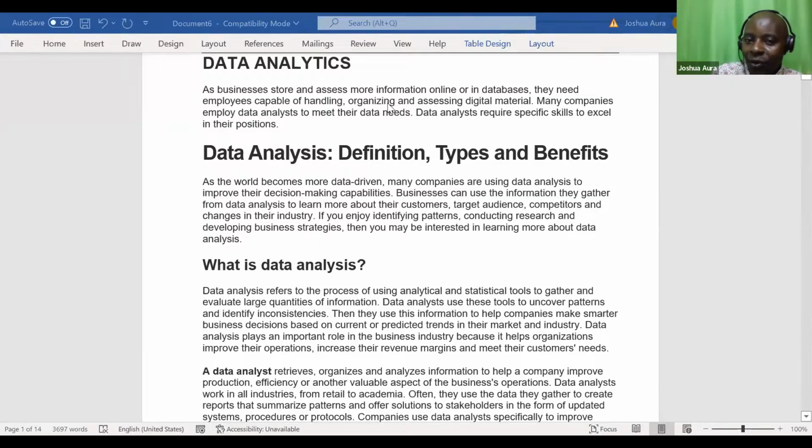After organizing it, of course, we have to evaluate. There is a concept of evaluation, a concept of analyzing this data. And after you analyze it, we shall have converted it from data to information, which we shall present digitally to whatever company wants to make use of this information for purposes of making decisions.